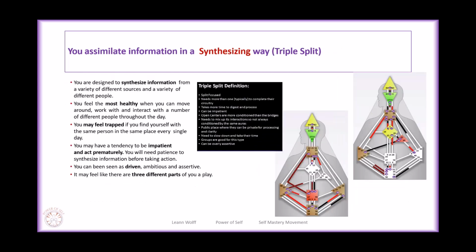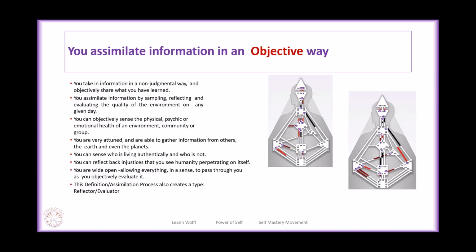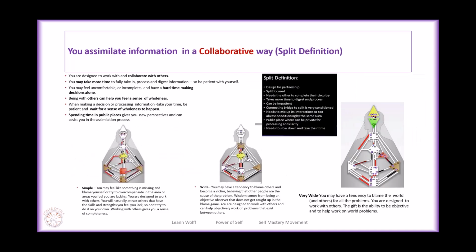Maybe you're a triple split, or you're here to synthesize information. Different avenues, different information, different vehicles that provide you with the information. And then subjective. Are you a quad split? Are you designed to really sample, very similar to our objective beings? Here to sample, take in, be exposed to different auric fields so that you can assimilate the information.